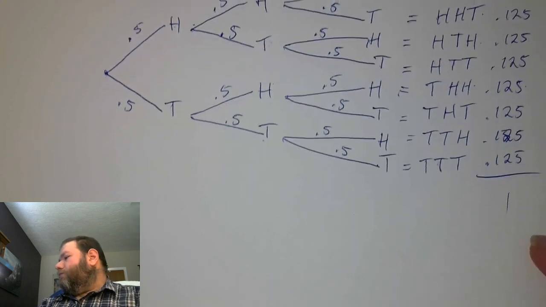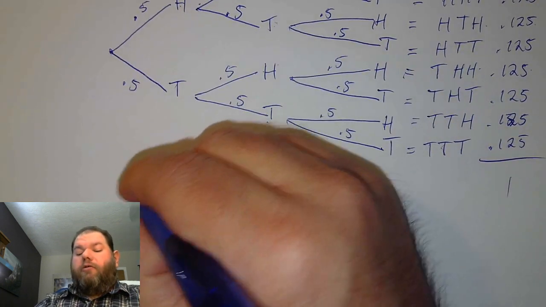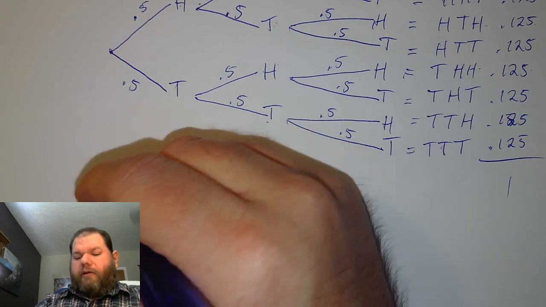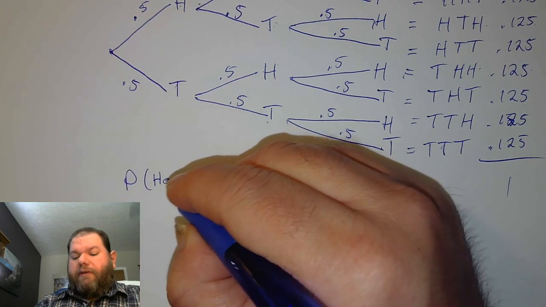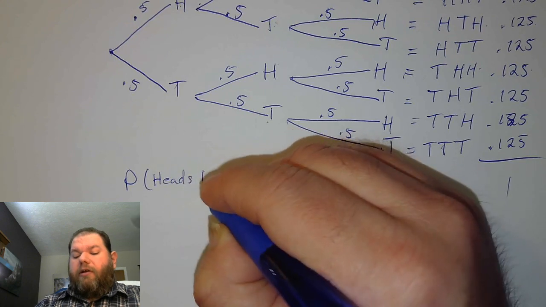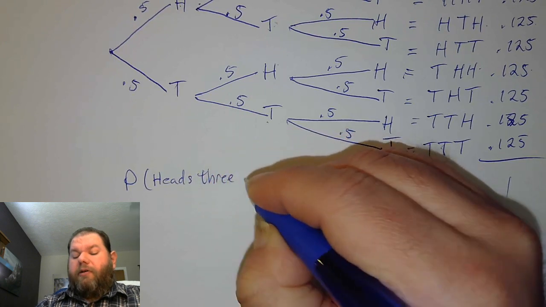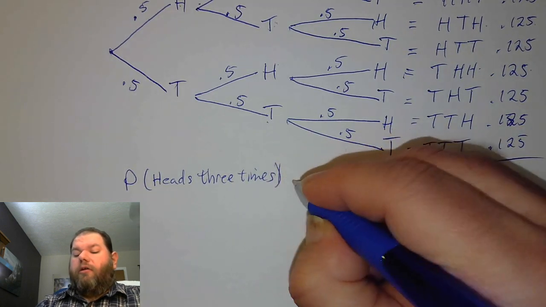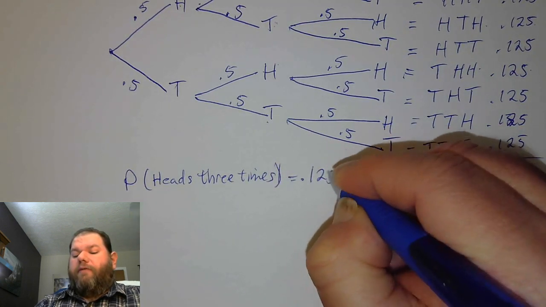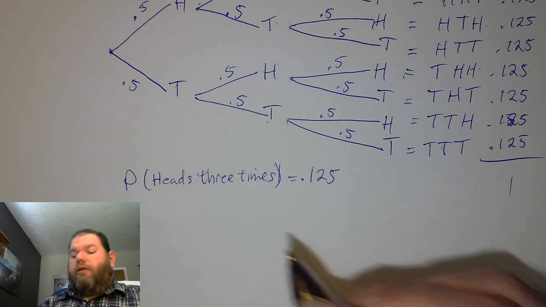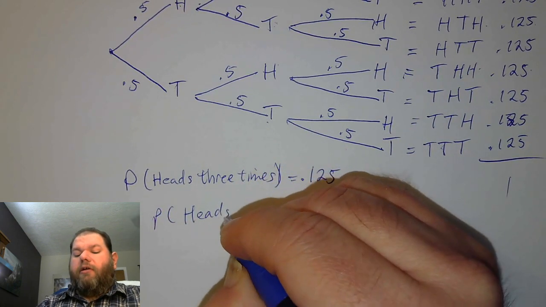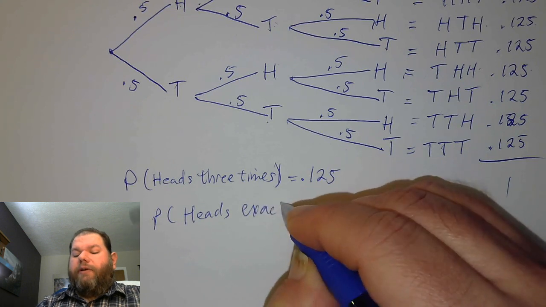So, let's see, we said probability of heads 3 times. So it's 0.125. And then we said the probability of heads exactly twice.